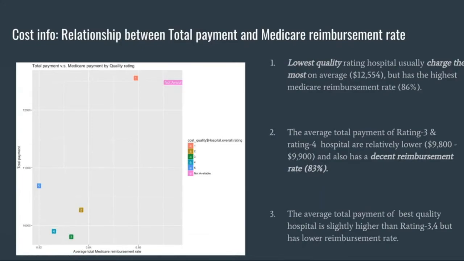Second, the average total payment of rating 3, the medium quality of care, and rating 4 is relatively lower, with a decent reimbursement rate at around 83%. And third, the average total payment of the best quality hospitals is slightly higher than rating 3 and 4, but with a lower reimbursement rate. So it's like a premium option for Medicaid patients.